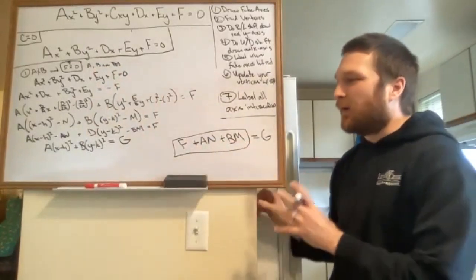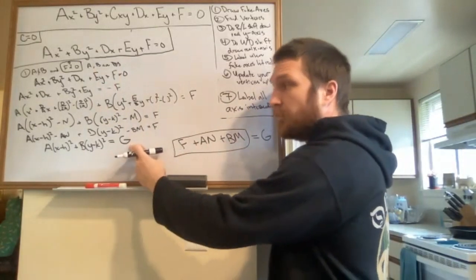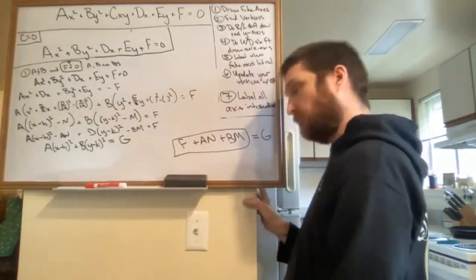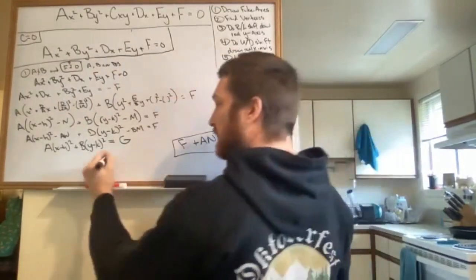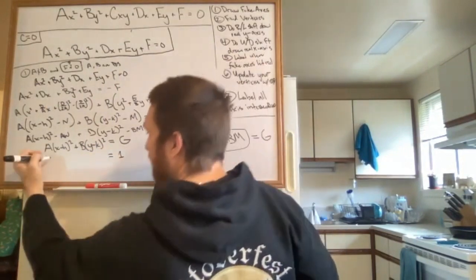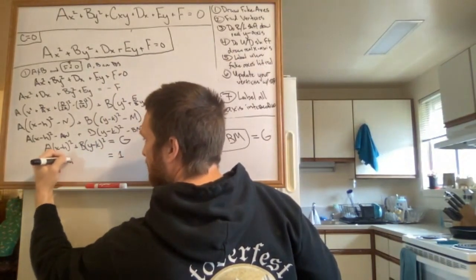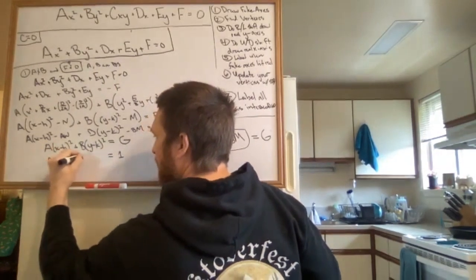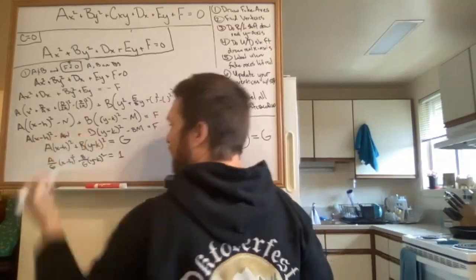So basically what it comes down to is if in the end you end up with a positive number over here, you're good to go because you could just divide everybody through by g to get a 1 on this side. And you get a over g (x minus h) squared plus b over g (y minus k) squared.